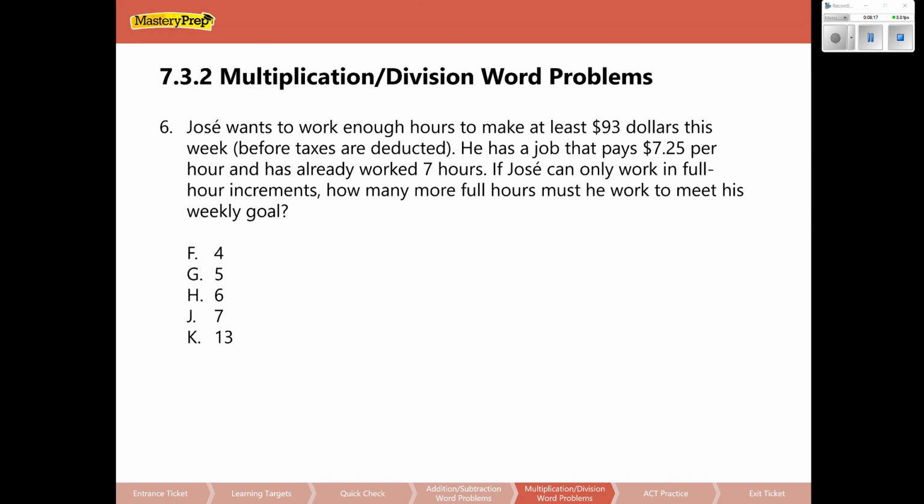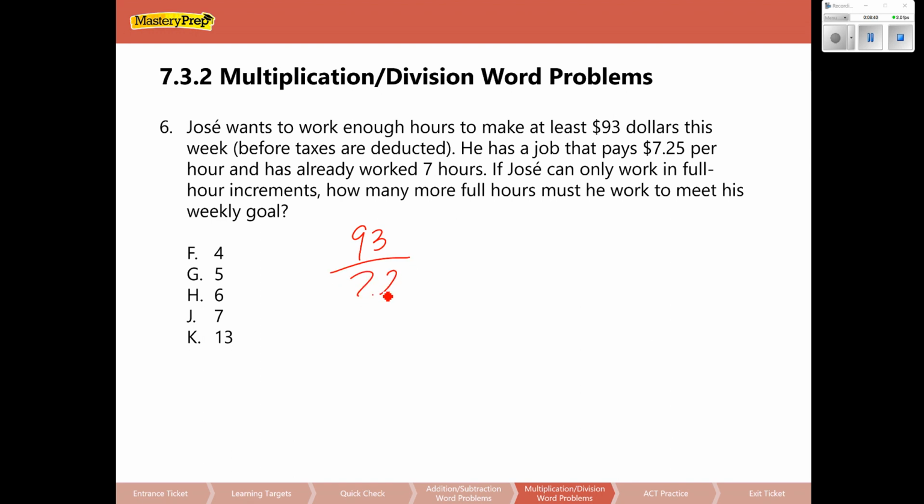Jose wants to work enough hours to make at least $93 this week before taxes are deducted. He has a job that pays $7.25 per hour and has already worked 7 hours. If Jose can only work in full hour increments, how many more full hours must he work to meet his weekly goal? Well, we can do the same thing as that last one.